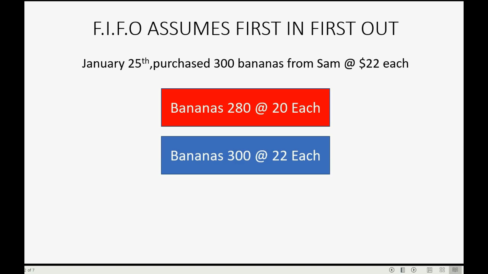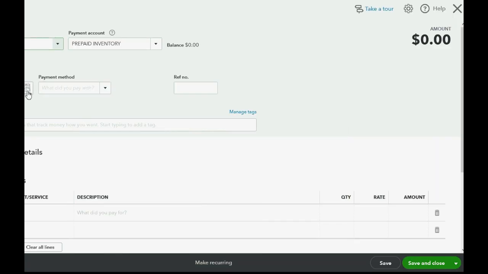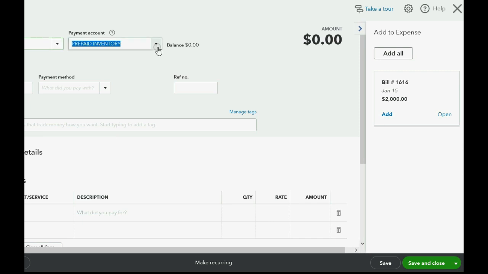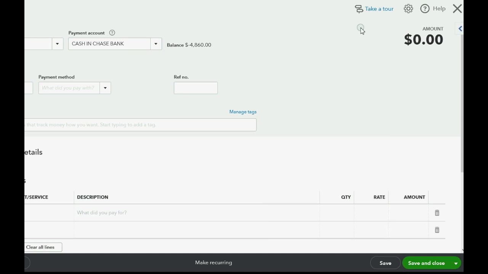This is January 25th of 2020. We bought from Sam's Farm. Don't forget that we're paying from cash. And by the way, let's close this because this is not related to any prior transaction.